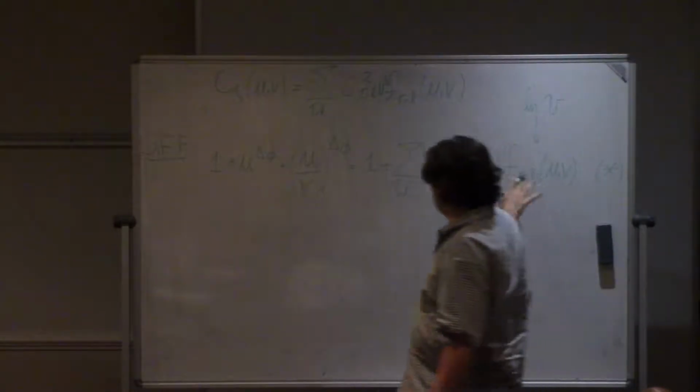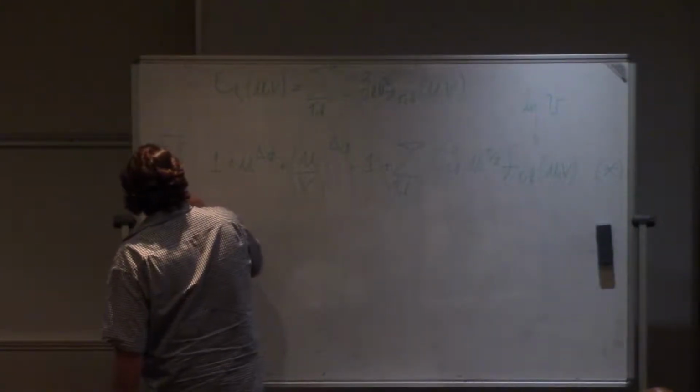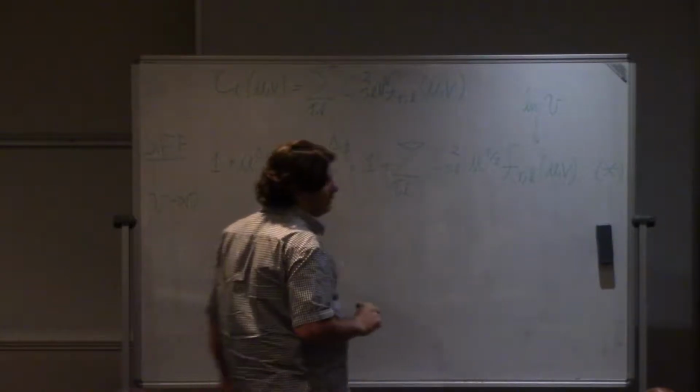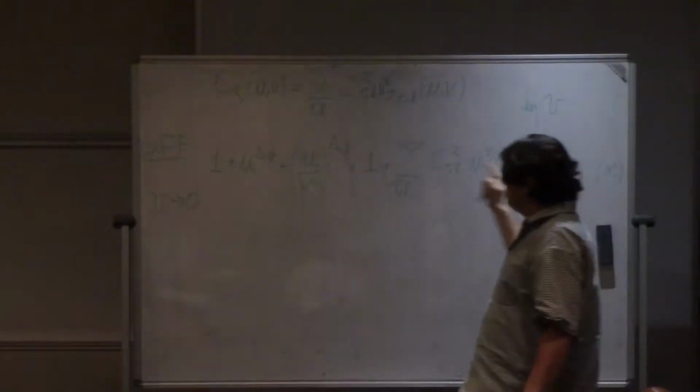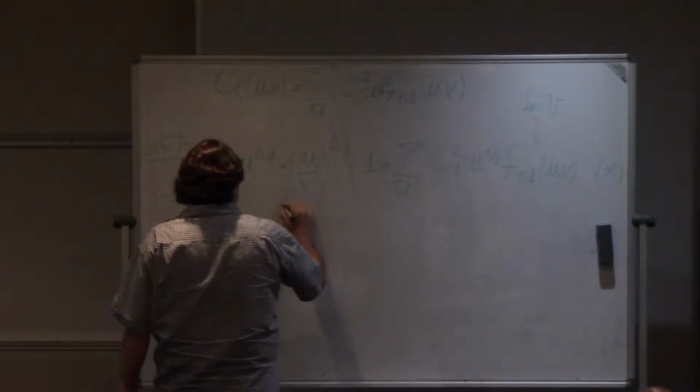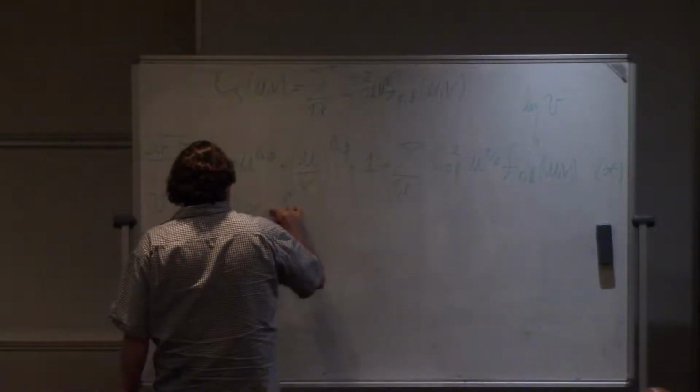So we look at this equation, and we study what happens as v goes to 0. We see that on the right-hand side, each conformal block diverges logarithmically as v goes to 0. But on the left-hand side, we have a power law divergence.